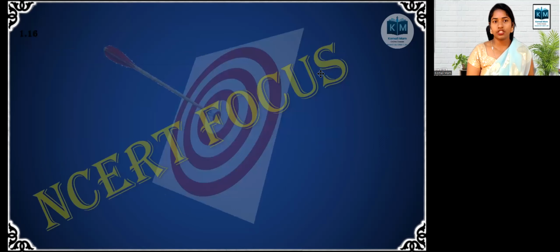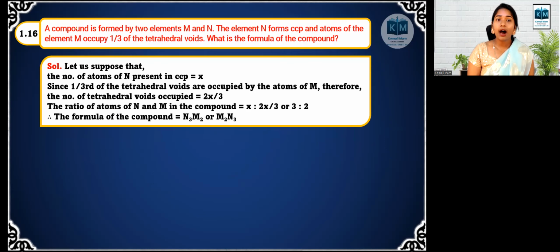See the next question. A compound is formed by 2 elements, M and N. The element N forms CCP, and M occupies 1/3 of the tetrahedral voids.